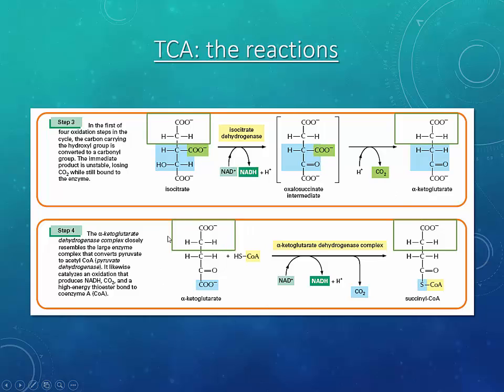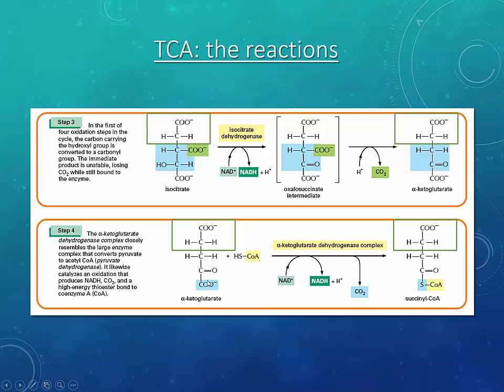Alpha ketoglutarate, notice I've still got your acetyl-CoA marked off, is going to combine with coenzyme A using the enzyme, the alpha ketoglutarate dehydrogenase complex. Notice it's a dehydrogenase. When we see dehydrogenases, we have one here, isocitrate dehydrogenase, alpha ketoglutarate dehydrogenase, we should be looking for an electron carrier. And indeed, we have one. So we're going to do another little bit of oxidation here, as well as decarboxylation.